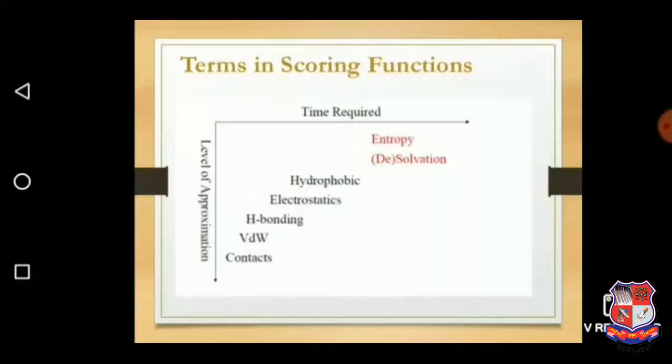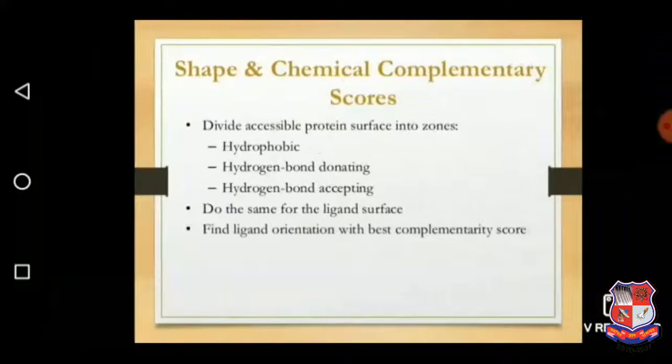Terms in scoring function: various terms are there. Entropy is there, hydrophobic, electrostatic charge, hydrogen bonding, van der Waals is there, context is there. Level of approximation on the one axis is there, on the other axis time required is there. So entropy in terms of desolvation means the solvation energy is included in that.